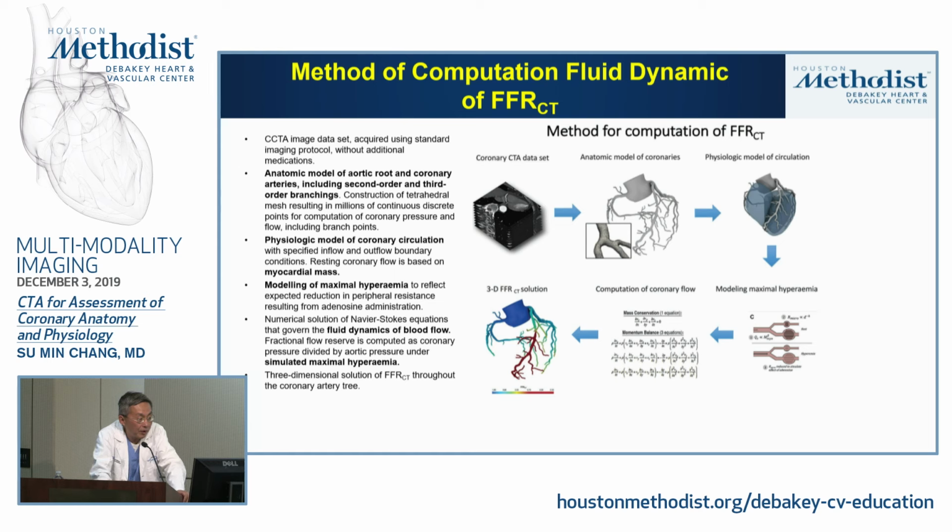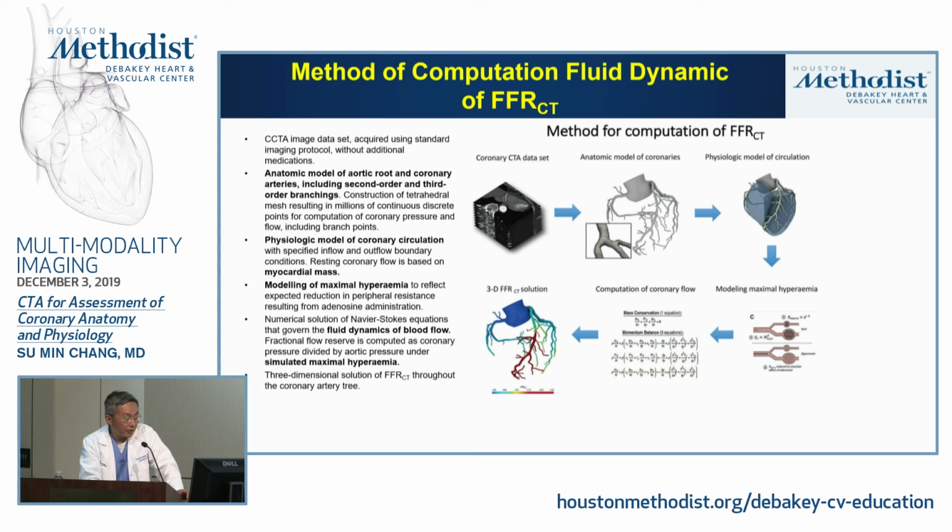The physiological model of coronary circulation has specific inflow and outflow conditions depending on the coronary and the myocardial mass, which you can get from CT, okay? And from experimental studies, we know the average coronary flow response to stress, so that can also be modeled.